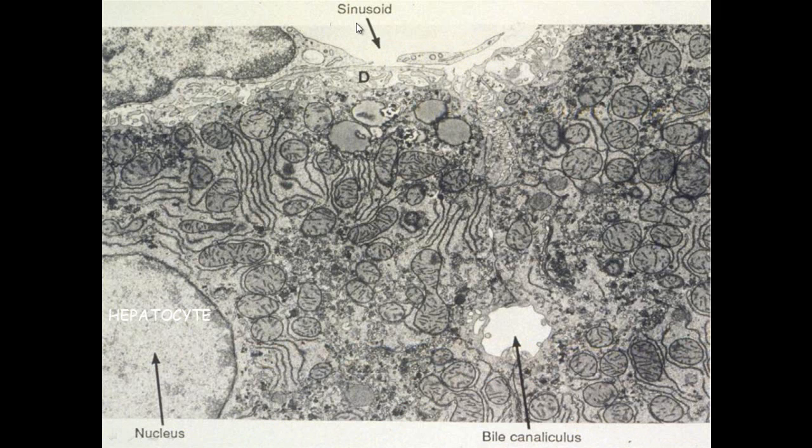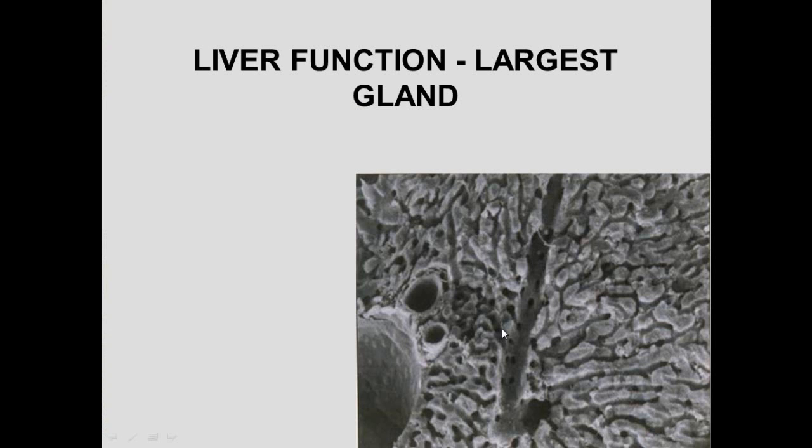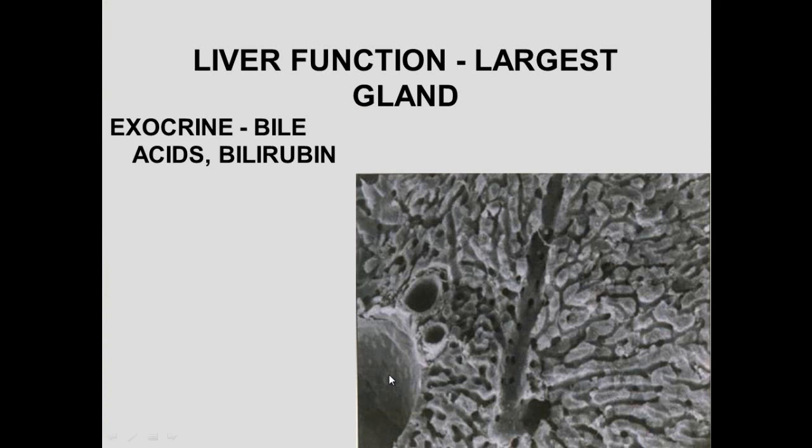This is a sinusoid where the blood goes up through there, and this is where the bile is discharged in the exocrine function. So the liver is the largest gland, and you can see the hepatocytes in through there where the sinus is going down in between. You can see the holes in the sinuses, and then it goes into the central vein.